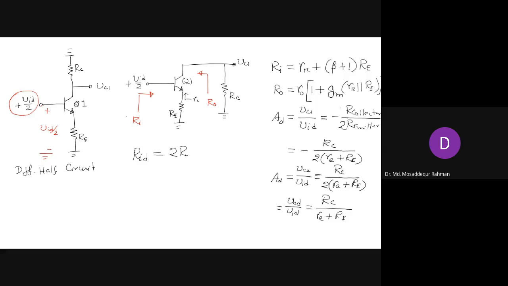It will be twice of Ri, that is 2 r pi plus beta plus 1 times Re. The differential output resistance will be twice of this: 2 small r naught times 1 plus gm R pi in parallel with Re.